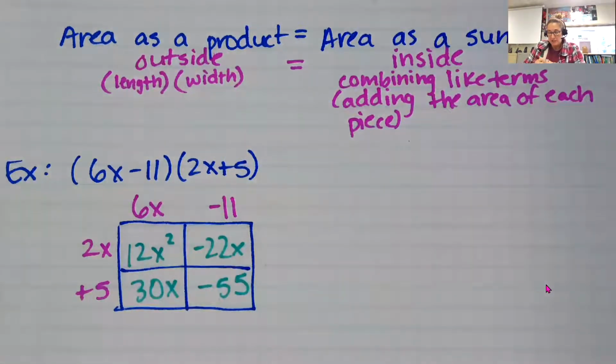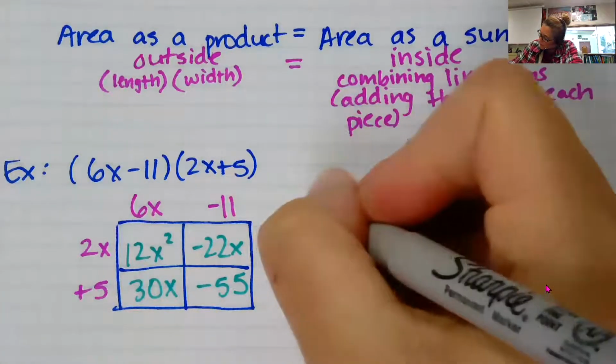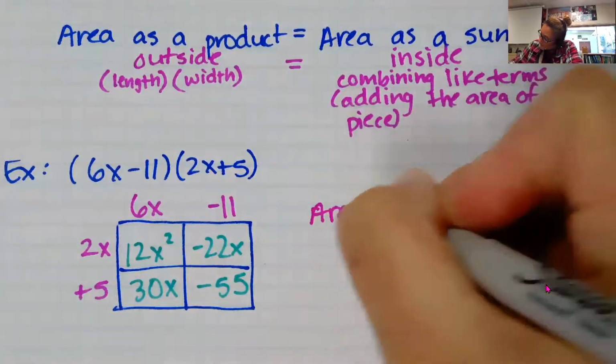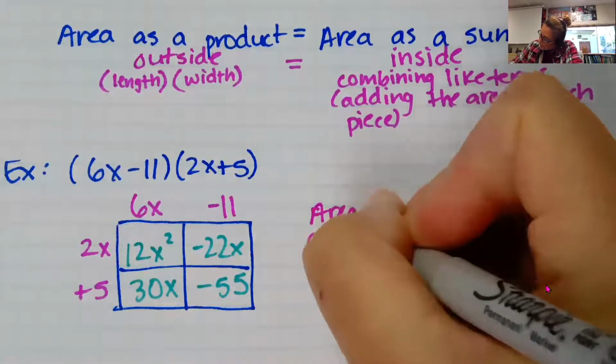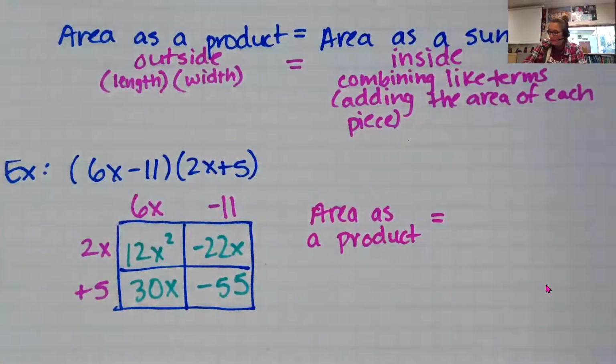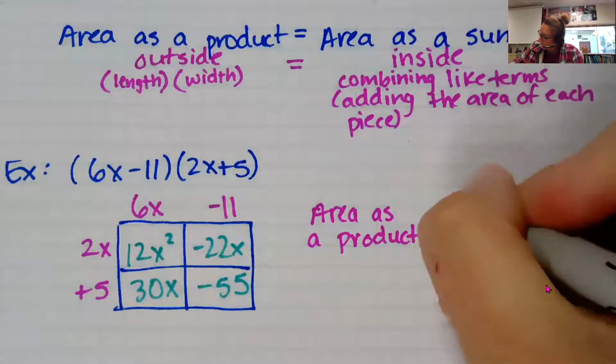Okay, now they're going to ask us again to do area as a product equal area as a sum. So I'm just going to write that here. So area as a product equal area as a sum.